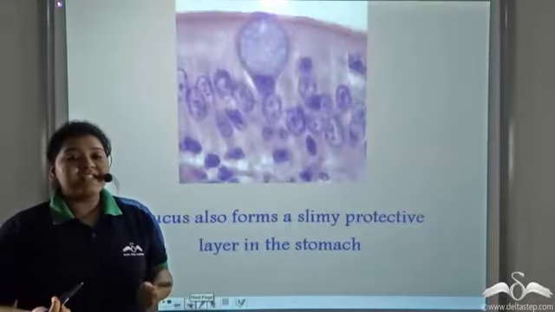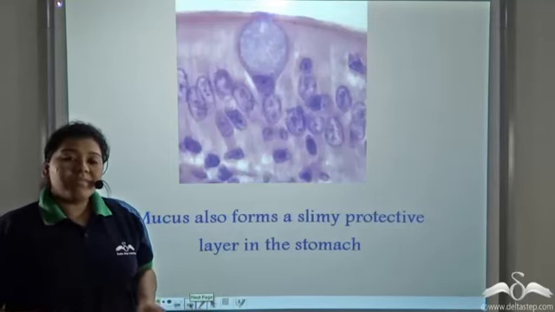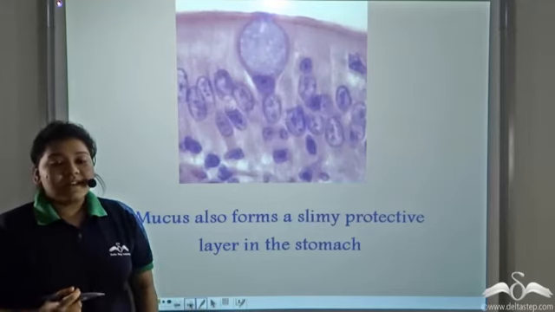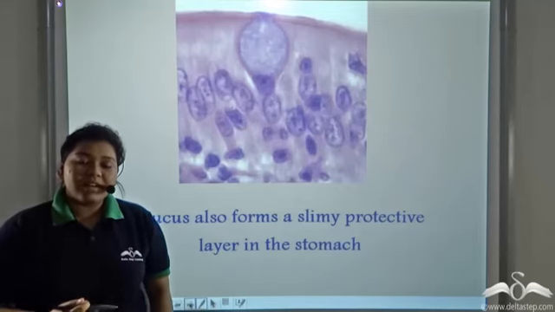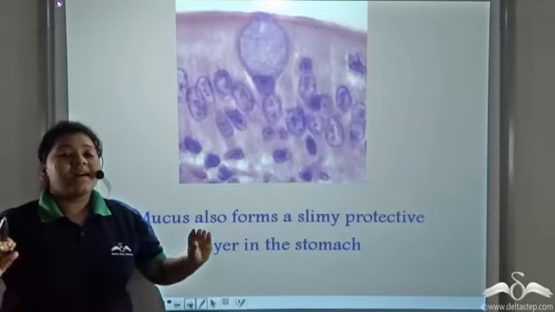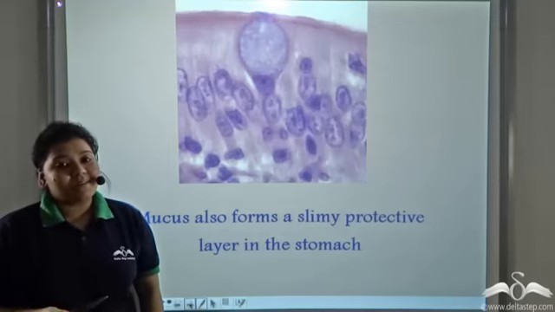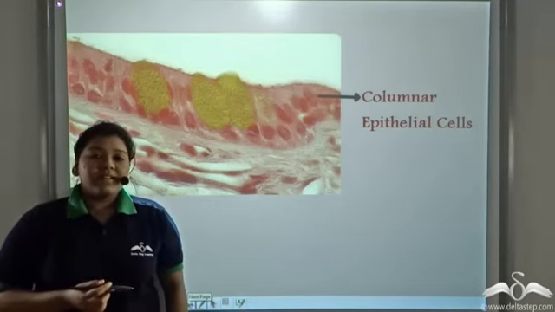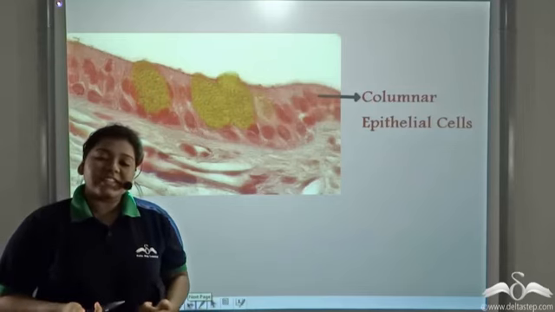Apart from lubricating the food, mucus has another important function. It forms a slimy protective layer on the walls of the stomach. So, the chilies don't cause a burning sensation in the stomach because of this mucus layer that forms a separation between the food and the delicate lining of the stomach. Now, these goblet cells are not the only cells that are capable of secretion.